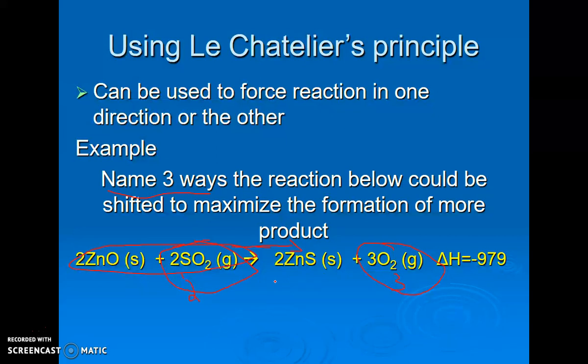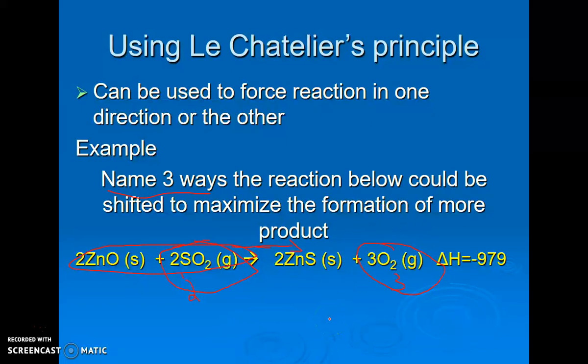A larger container is going to decrease the pressure, because volume and pressure are inversely proportional. If you make the volume larger, you decrease the pressure, and then the reaction is going to shift in the direction that causes more pressure, where there are more gas particles, which is the products.